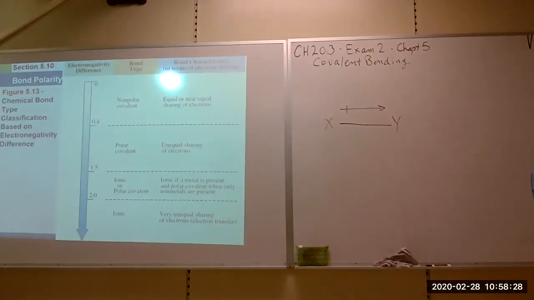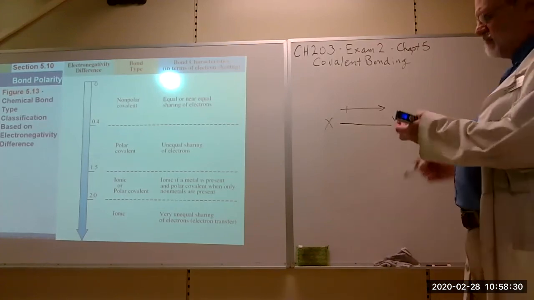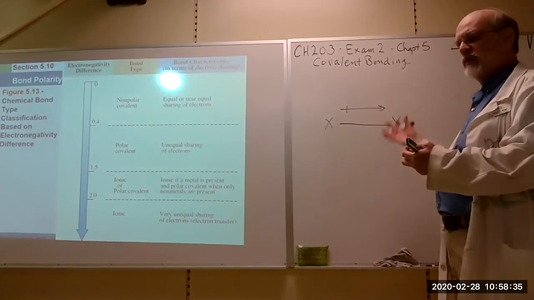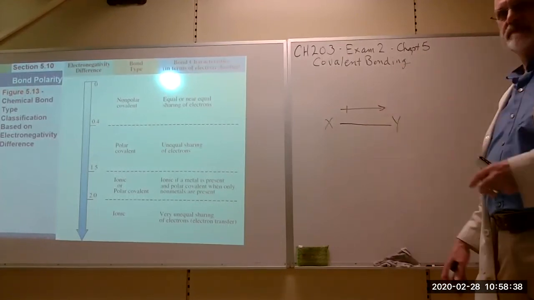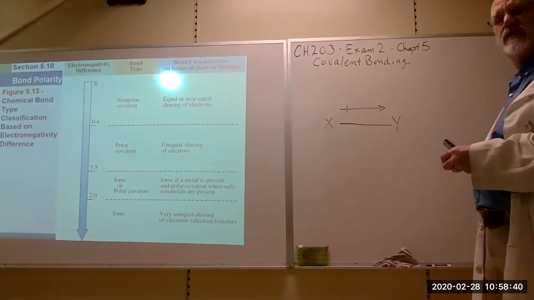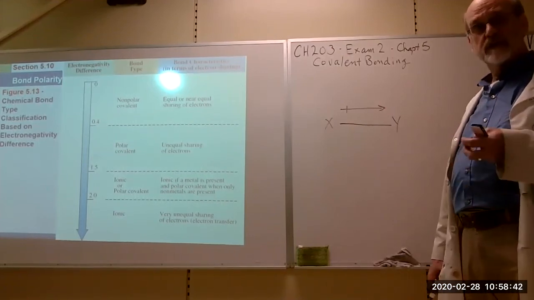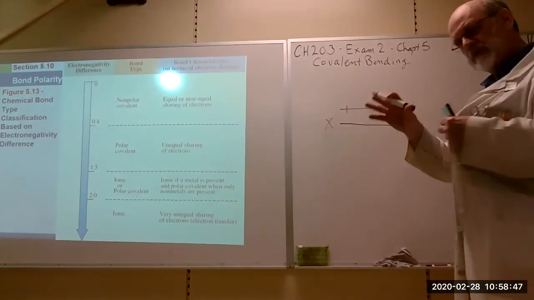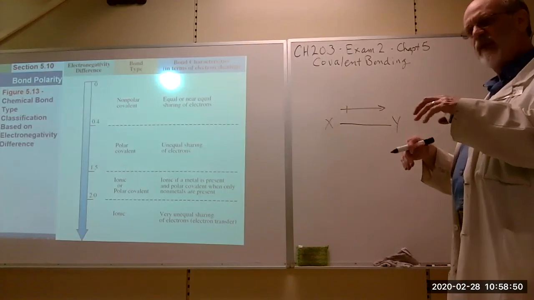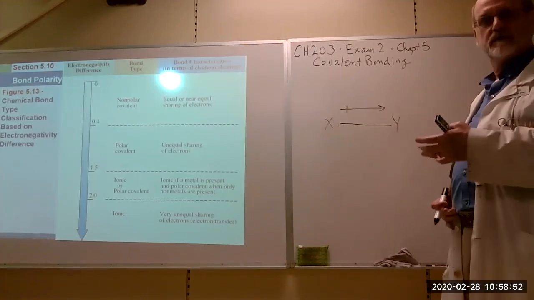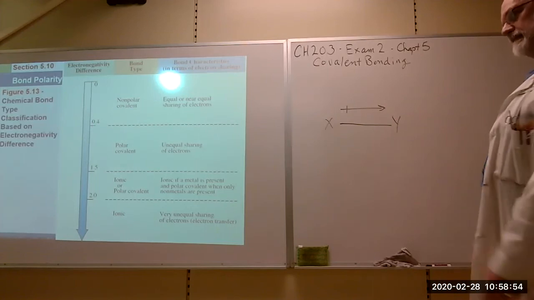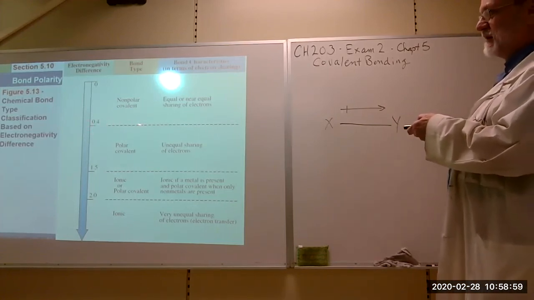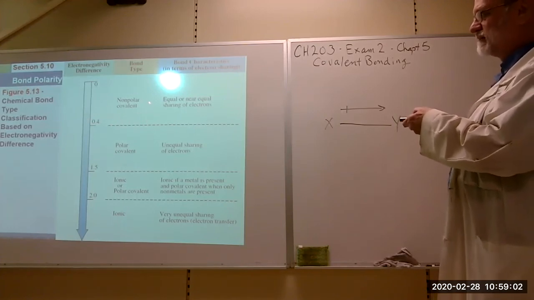Now, how do we differentiate between full ionic, nonpolar covalent, and in between? Well, if we have access to the electronegativities and you subtract the smaller from the larger, then that number gives us some semi-quantitative indication as to where the breaking point is. Roughly speaking, if the difference is 0.4 or less, we consider it nonpolar covalent.